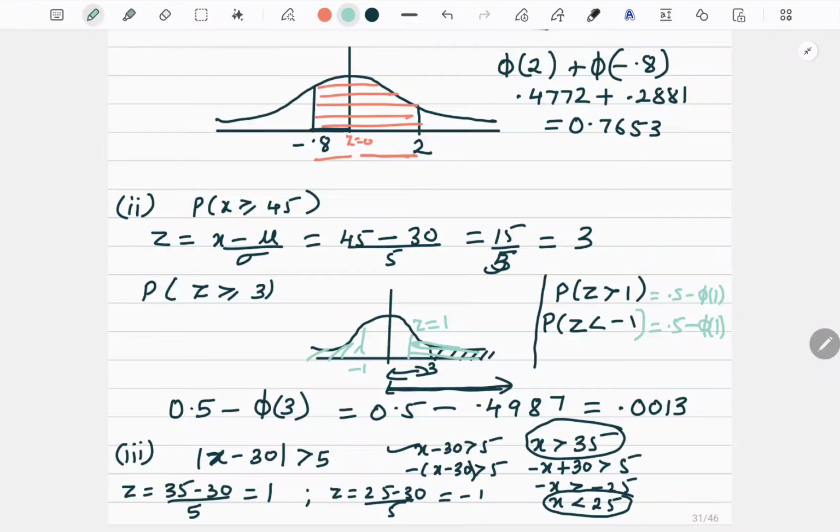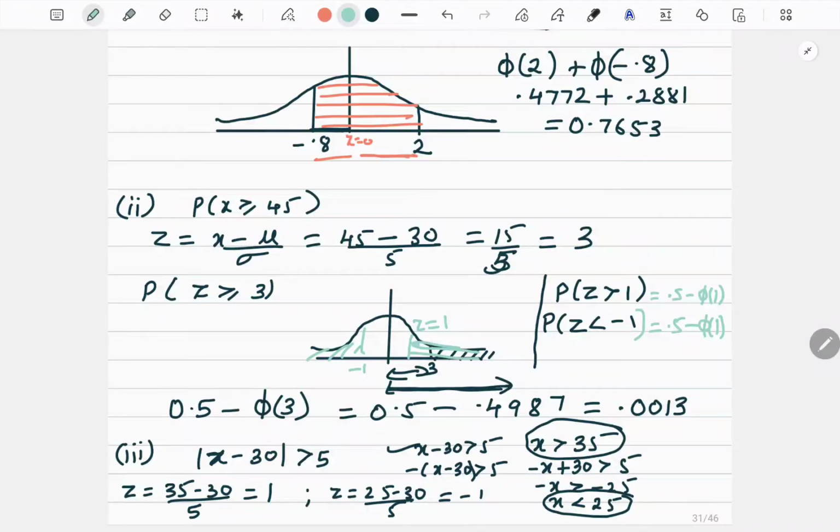So first part, you have to find the probability of x is less than 65. Second part, probability for x is greater than 75. And third part, probability for x is between 65 and 75.